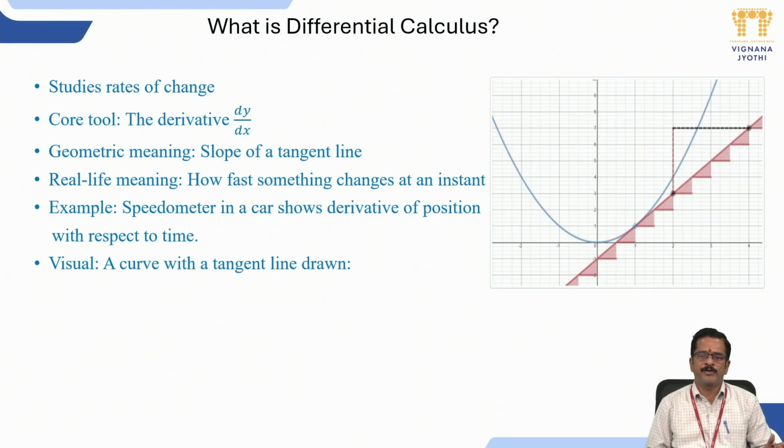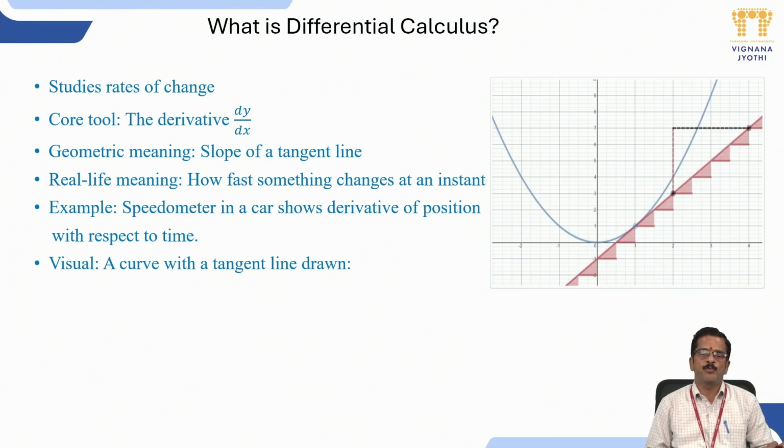The geometric meaning of differential calculus is the slope of a tangent line. And the real life meaning is how fast something changes at an instant, which we come across in our surroundings.